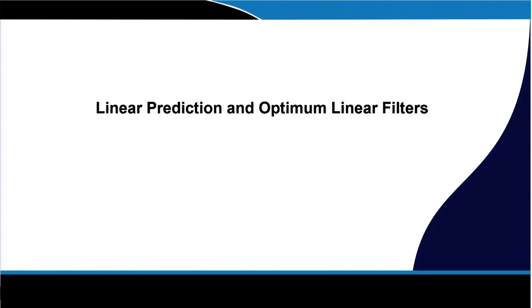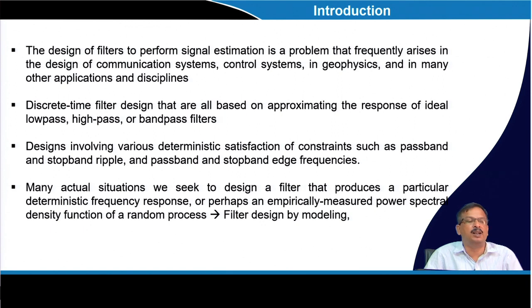So why do we design the filter? If you see that we have talked about filter design, why do we design the filter? Filter design is performed for signal estimation. Using the filter design, suppose I want to see whether the signal frequency component from 1 kilohertz to 2 kilohertz exists or not, or estimate the signal within this frequency range.